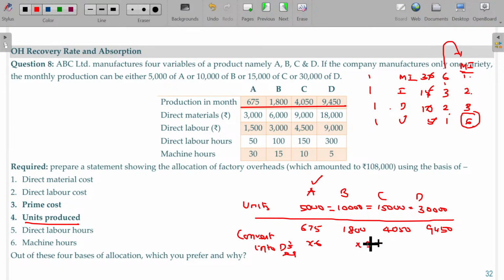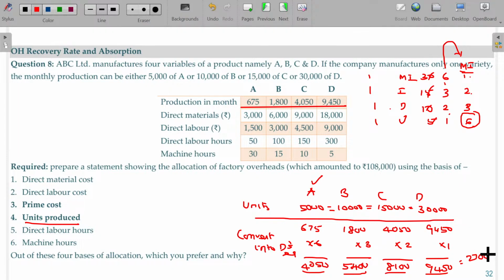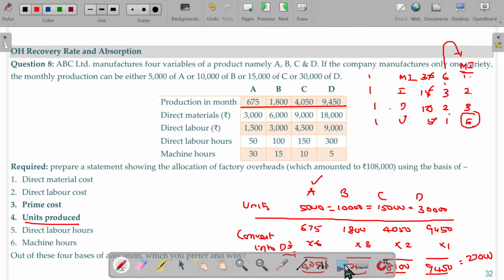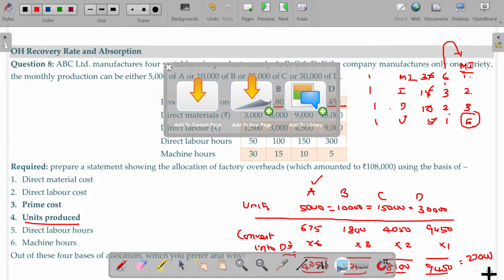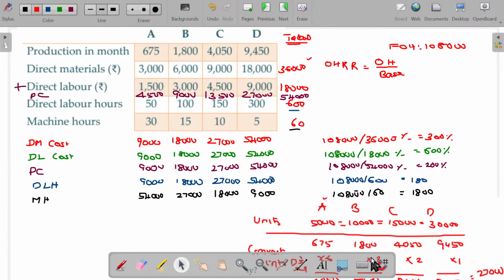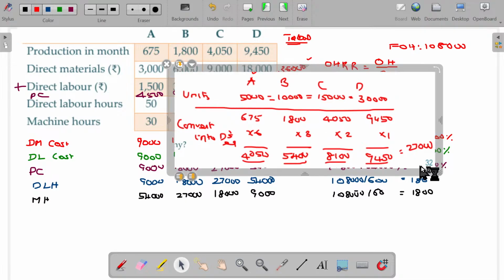Here into 3 times, here into 2 times, and here into 1. So what is the value? 675 into 6, 4,050, and 1,800 into 3, 5,400, and 8,100, and here 9,450. So overall production in this case is 27,000. This is about the capacity. Now I use this for this purpose.